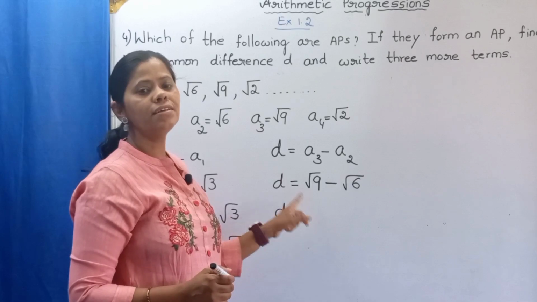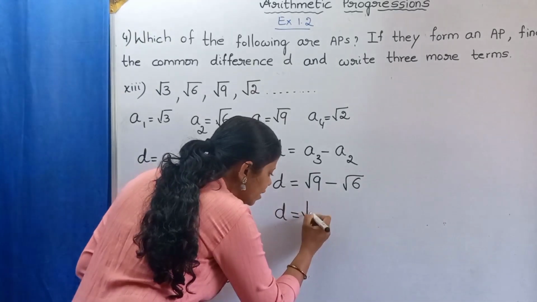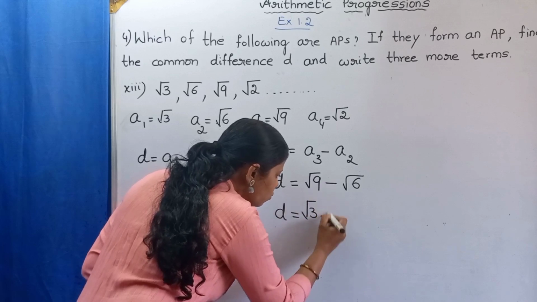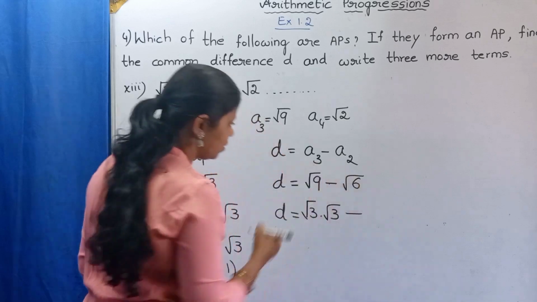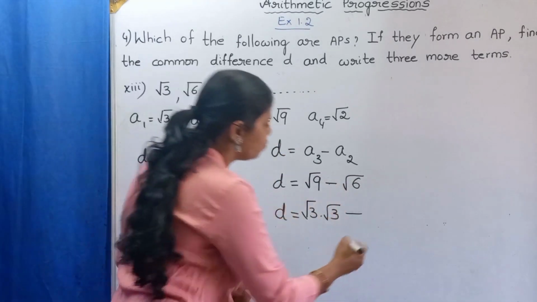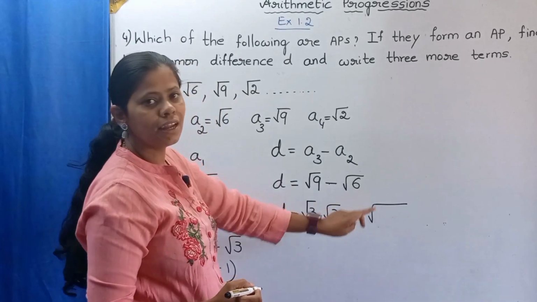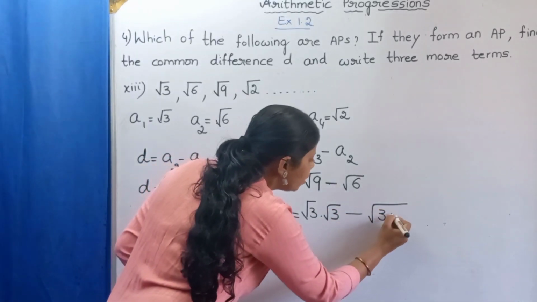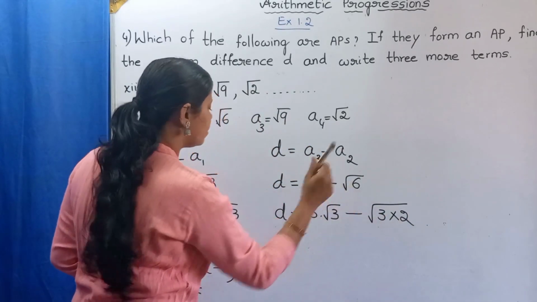It can be written as root 3 into root 3. Root 9, I am writing it as root 3 into root 3. Okay. For this minus sign, let me write minus. Then square root of this 6, it can be written as 3 into 2. That is, 3 twos are 6.